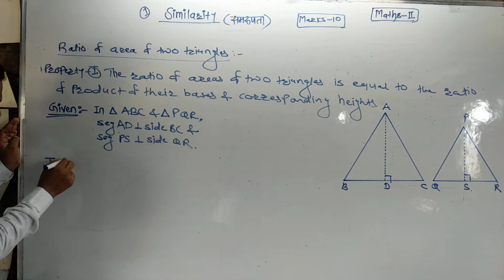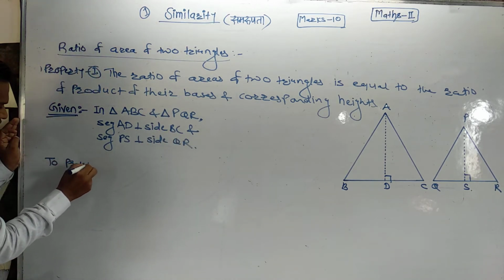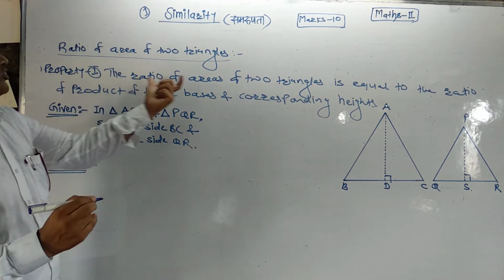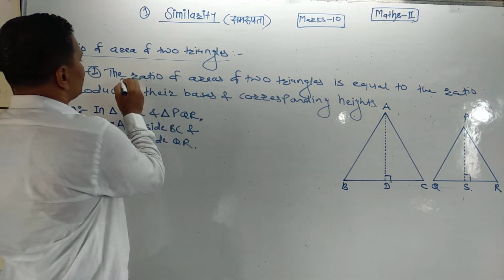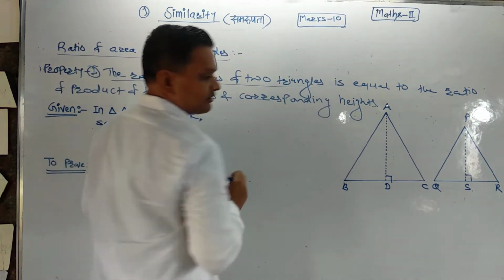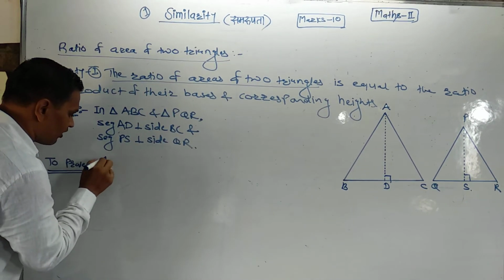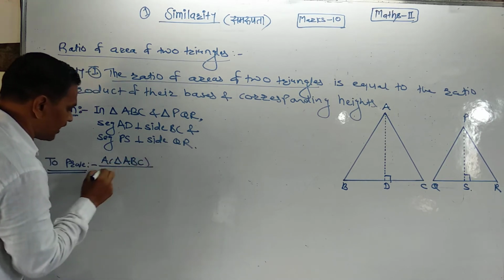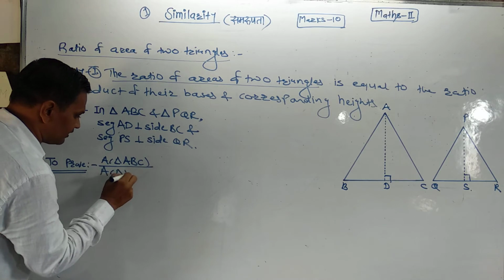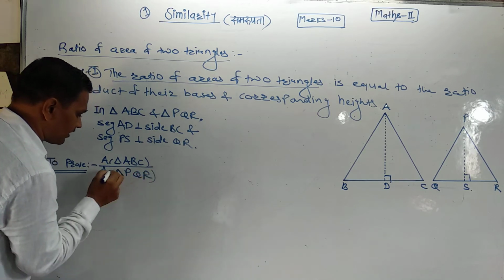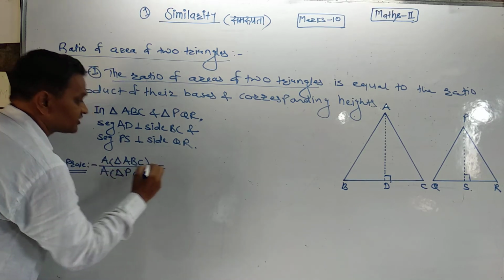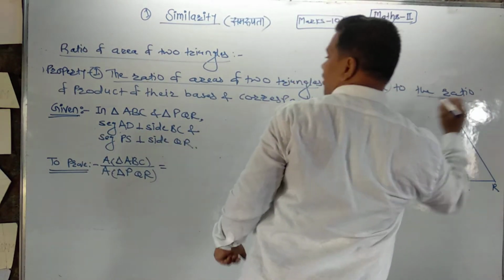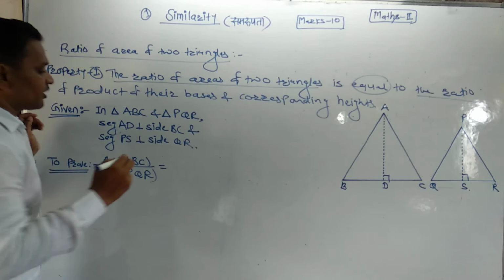To prove. What do we have to prove here? We want to prove that the ratio of areas of two triangles, that is, area of triangle ABC divided by area of triangle PQR, is equal to the ratio of the product of their corresponding bases and heights.